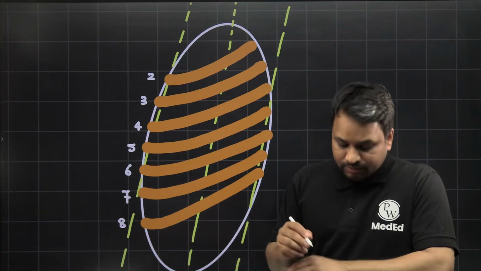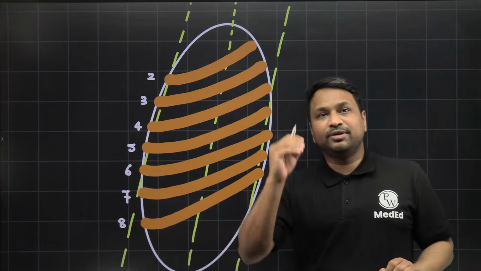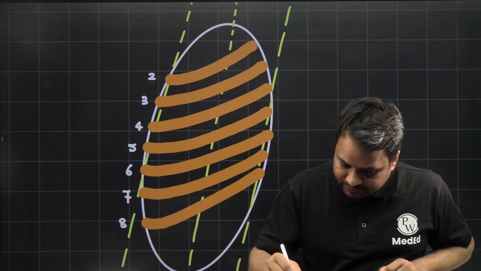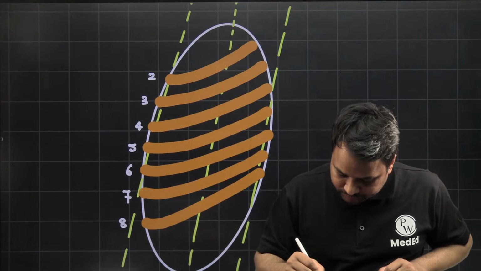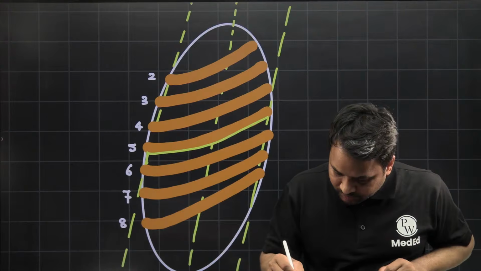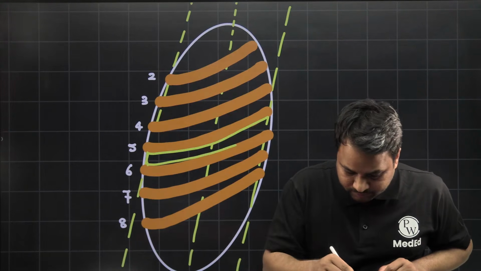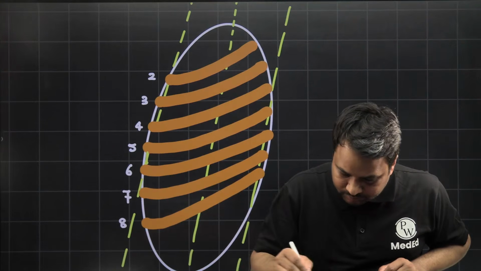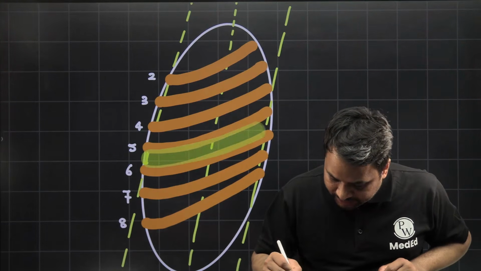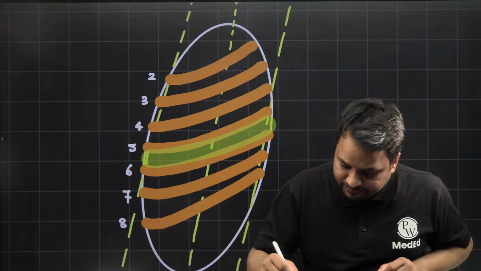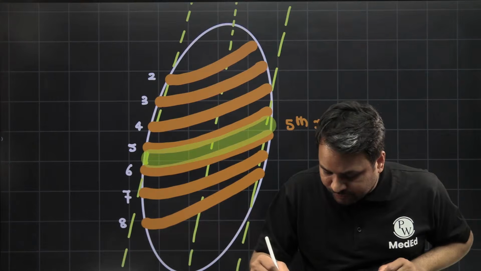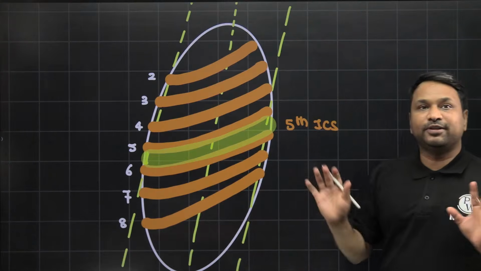Between the fifth and the sixth rib, this entire area is what we call the fifth intercostal space. So the first thing, the ICD should be placed in the fifth intercostal space.